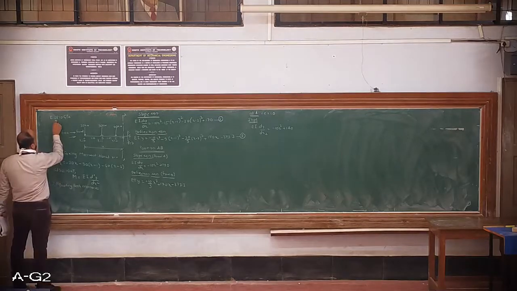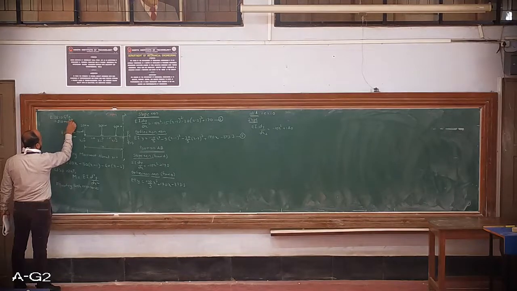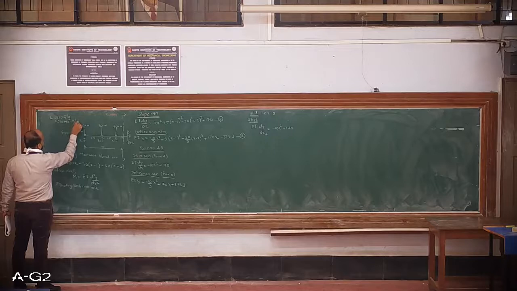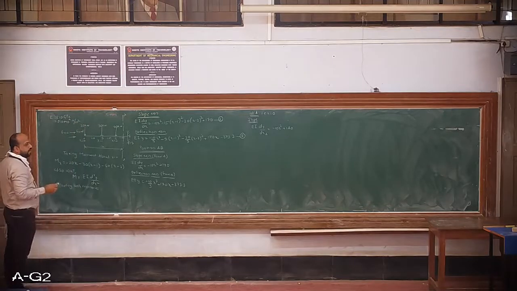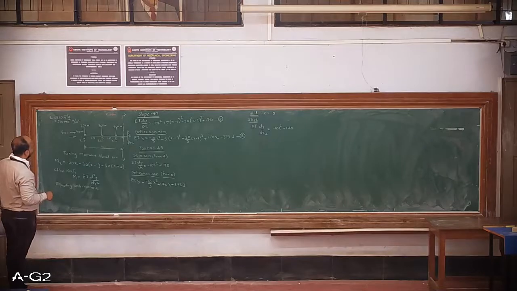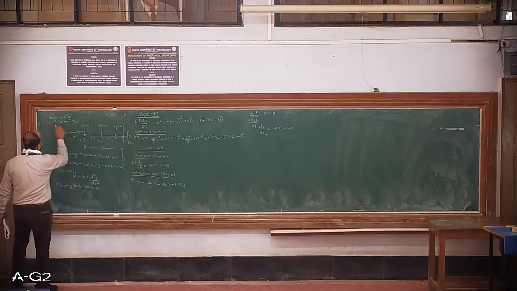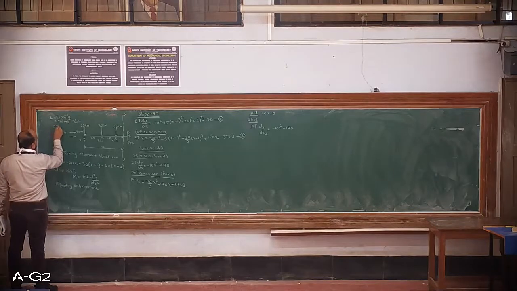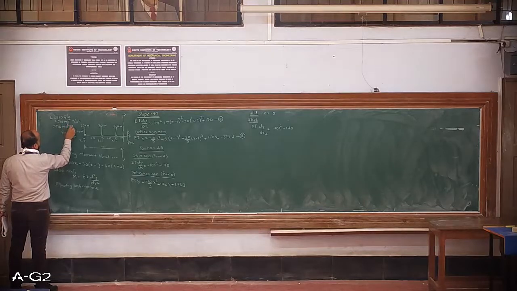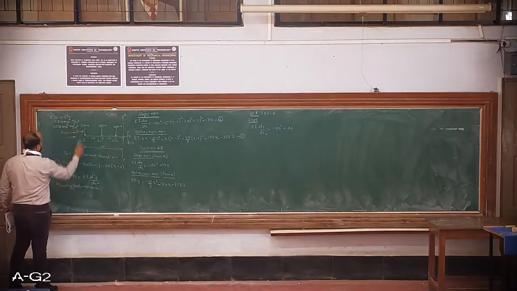So 210 into 10 to the power 9 Newton per meter square. What I want is in kilonewton, so Newton to kilonewton is 10 to the power minus 3. So this will come 210 into 10 to the power 6 kilonewton per meter square.